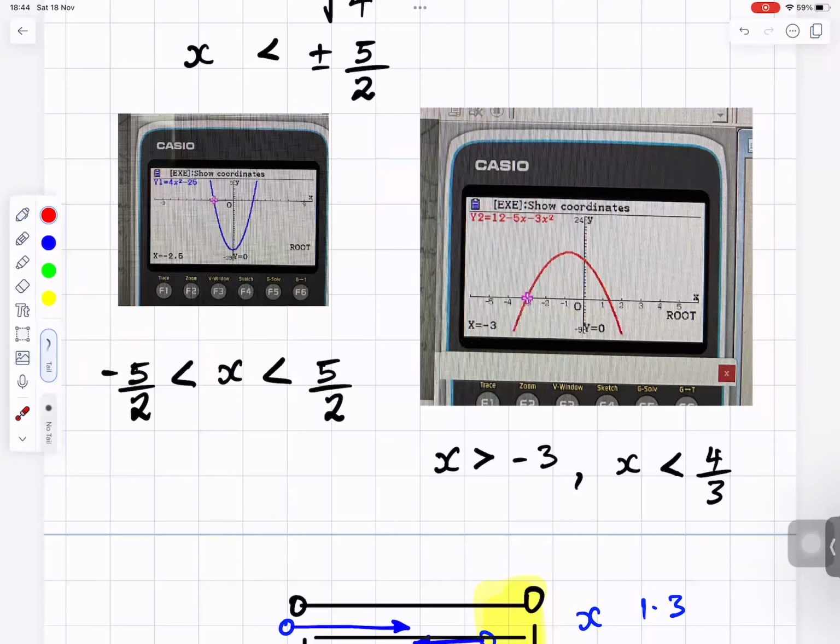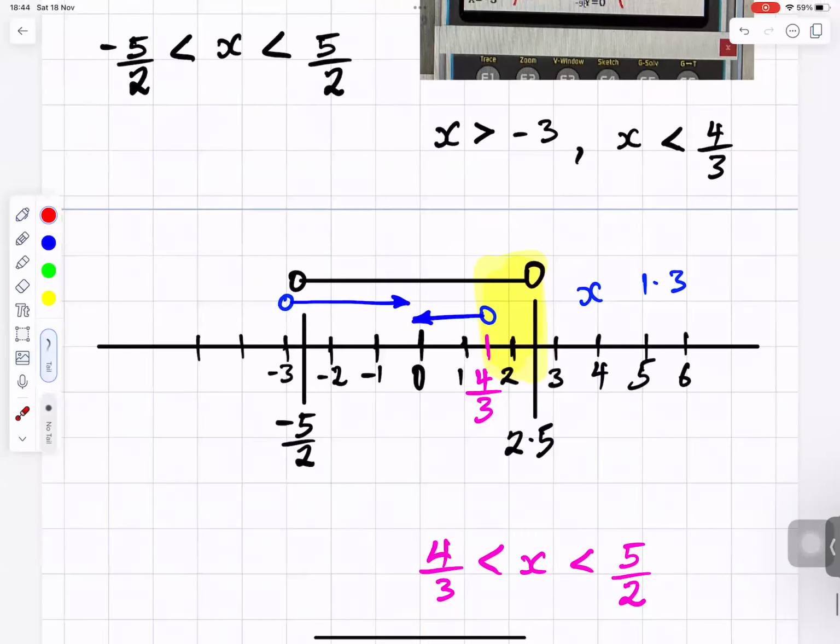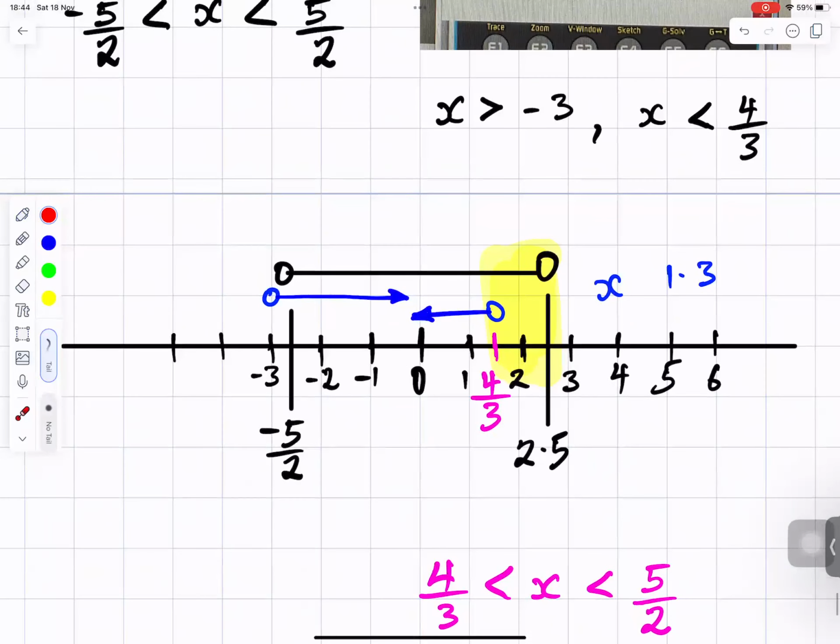Now we draw it on a kind of number line, so that we can see the range clearly. So the blue line is x is bigger than minus 3. And the other blue line is x is less than 4 over 3.